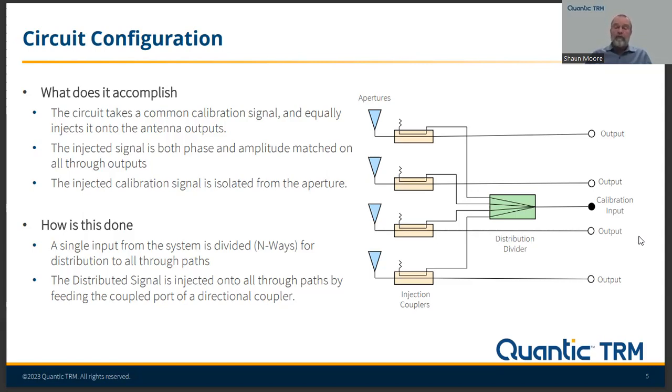Therefore, the aperture does not radiate while this injection signal is being put into the system. So it becomes a very convenient way to inject a known signal back onto your signal lines to have the system be able to measure that.